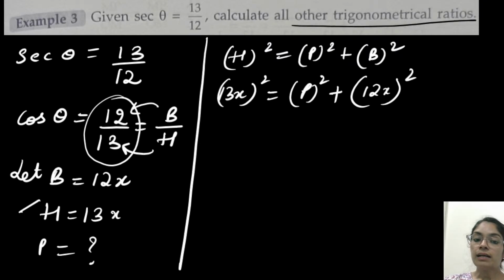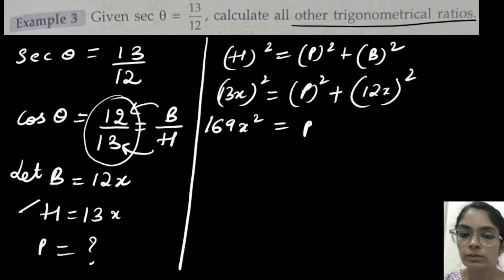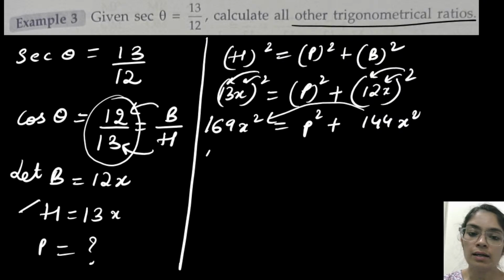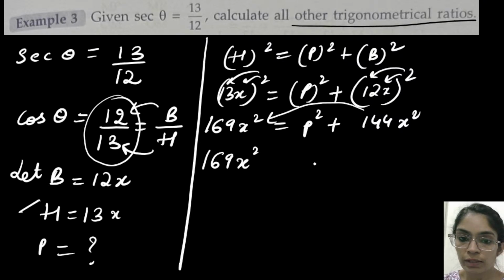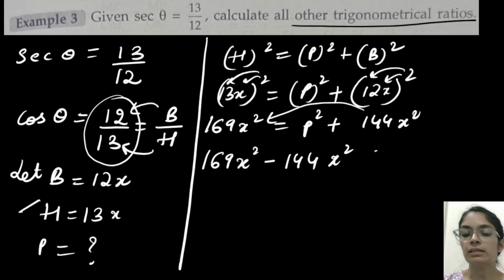We are just applying the Pythagoras theorem. So 169x square is equal to p square plus 144x square, since 12 square is 144. Now 144x square, let's shift to this side. When I shift it, it will become negative. So 169x square minus 144x square is equal to p square.